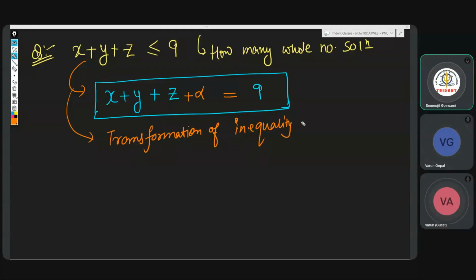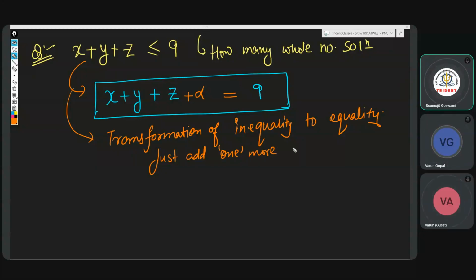Inequality, transforming the inequality to equality: just add one more variable. Anything. I have used an alpha. You can use anything. You can call it a D also.